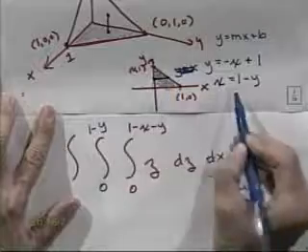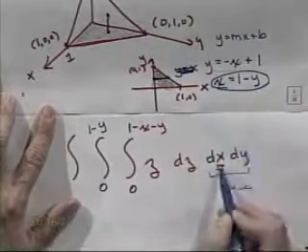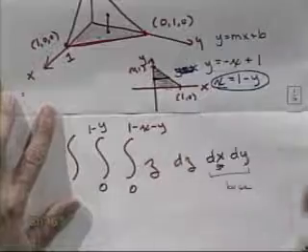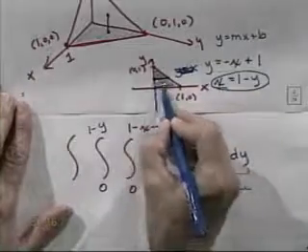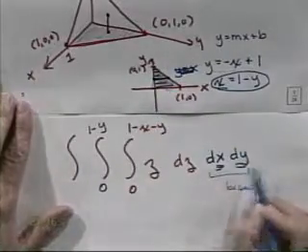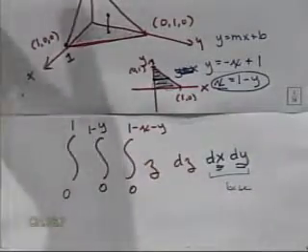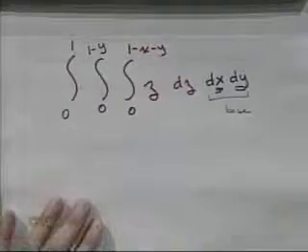From 0 to the line, which is 1 minus y. Again, if you want to check, here y is 1, 1 minus 1, x is 0. Here y is 0, 1 minus 0 gives me 1. It works. And then if we sum all those up, what's my y ranging from? From 0 to 1.